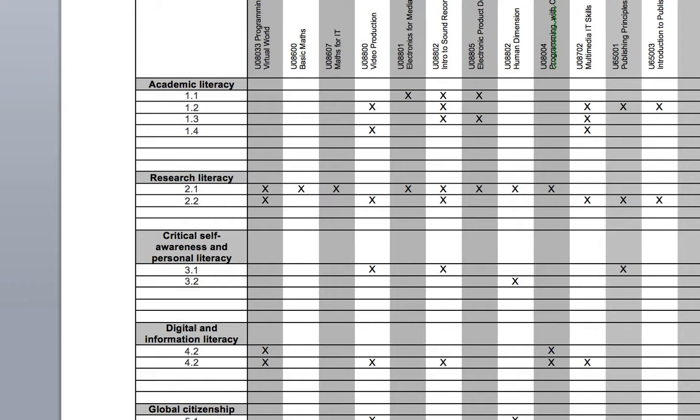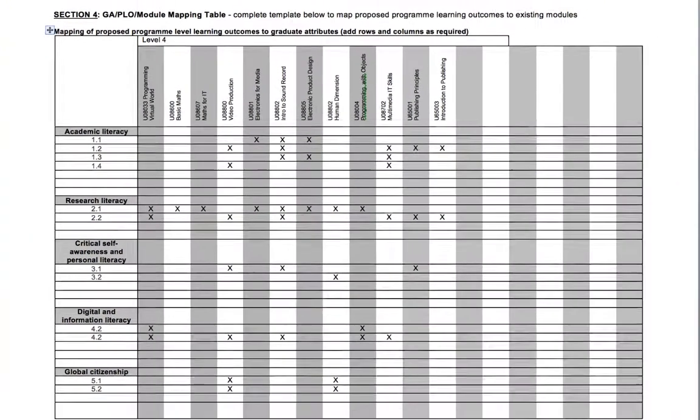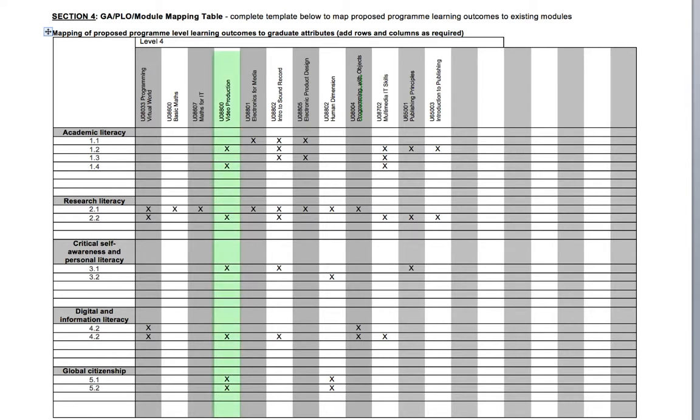On the other hand, there are several modules within this course that are teaching, practicing and assessing a large number of the 5 graduate attributes. This is entirely as it should be. The key point is to ensure that a student will be developing each of the 5 graduate attributes throughout each year of their course.